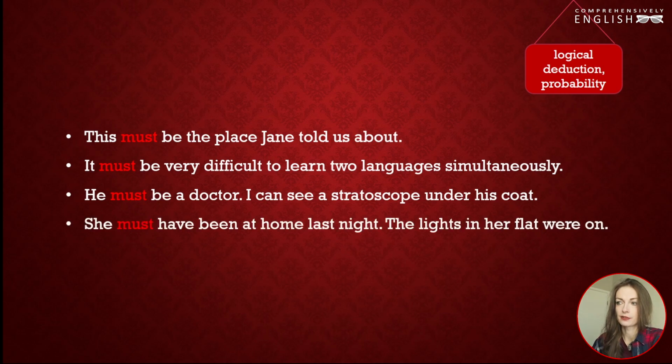The lights in her flat were on. Again, chances are that she was at home because I saw the lights in her flat. They were on. Here we express a high probability of something in the past. That's why we use must plus have been, must plus have plus past participle.